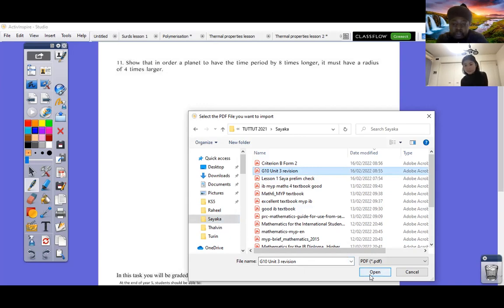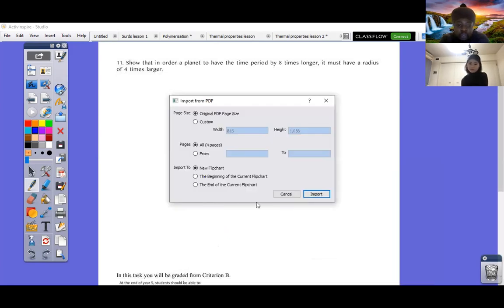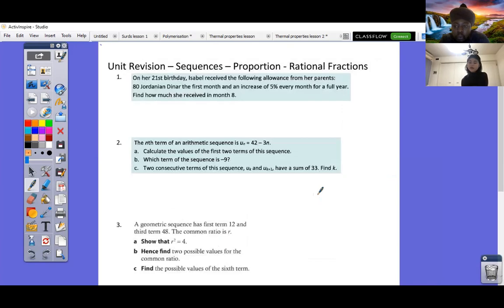So your criterion B summative is next week. Yeah. And what we're looking at now, which is the G10 unit revision, is for the one tomorrow. The one tomorrow is my formative criterion D, and I'm going to have the summative of criterion D on Friday. Not this Friday, the next Friday.